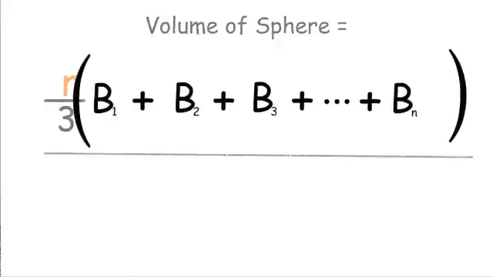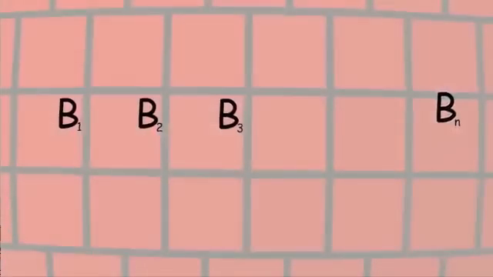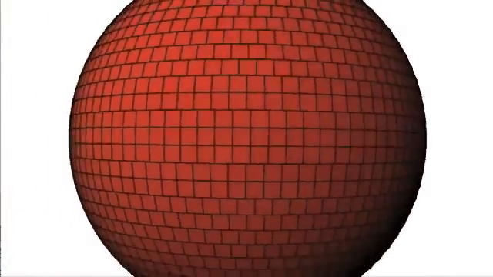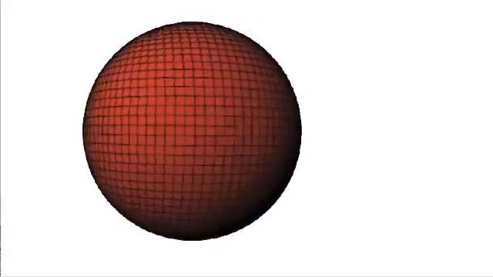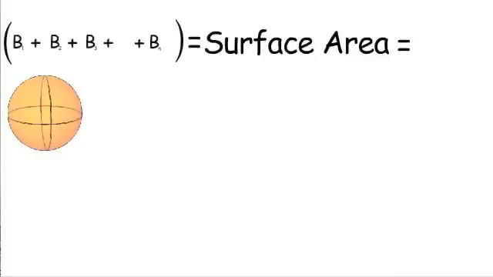So now let's concentrate on the sum of all bases, and remember, these are the bases of the pyramids that make up the sphere. And as you can see, the bases actually form the surface area of the sphere. So the sum of all bases is equal to the surface area, which is equal to 4πr².